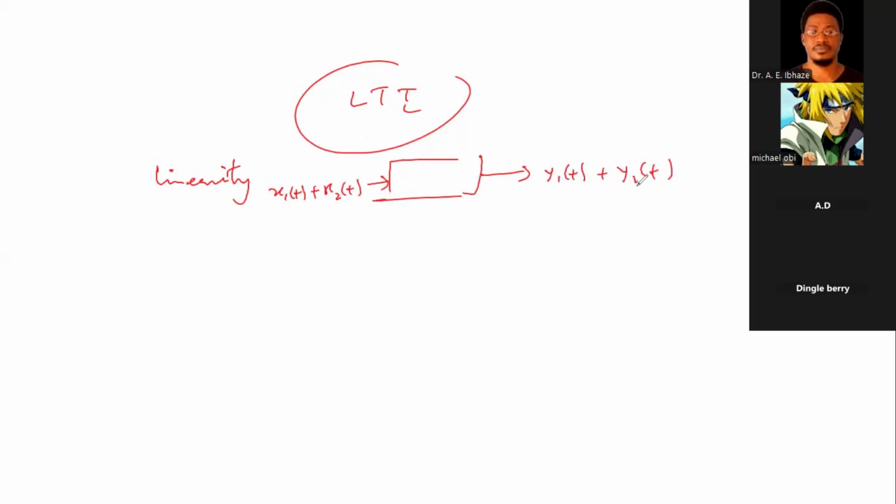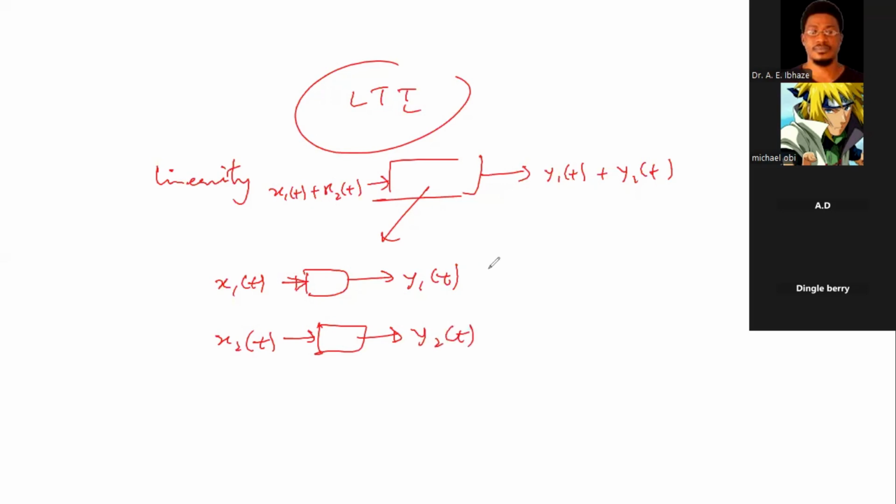So it's more like the rule of additivity, right? Because from this, we must have a system such that S1 of t fed into the same system gives us Y1 of t, and S2 of t fed into the same system gives us Y2 of t. So should we add these excitations, then it should give us this response, okay?